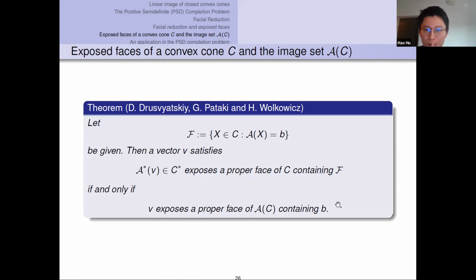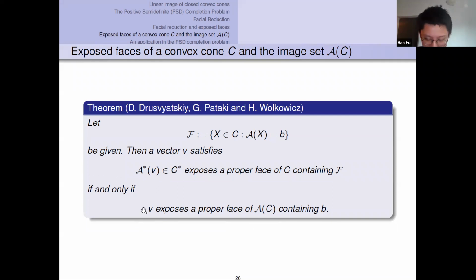So in general, there are two scenarios. One is what you mentioned: if the image set is a polyhedron, then all the faces are exposed, and therefore the singularity degree is always at most 1.